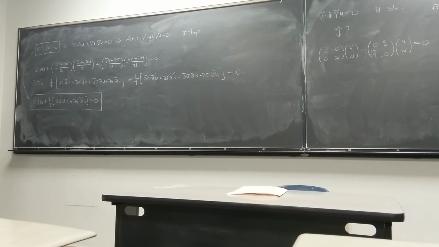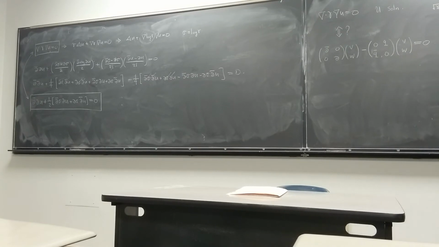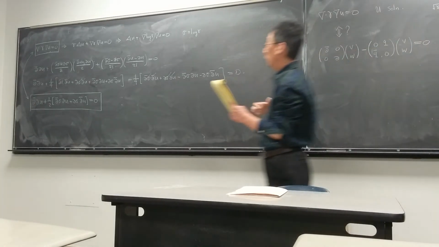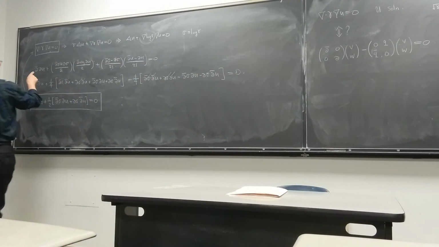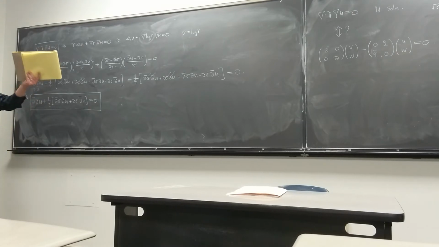Okay, and then from this equation, we're trying to get this equation, one piece. Then if I use another way to compute, if I replace the d and d bar like this, then it can go the other way.